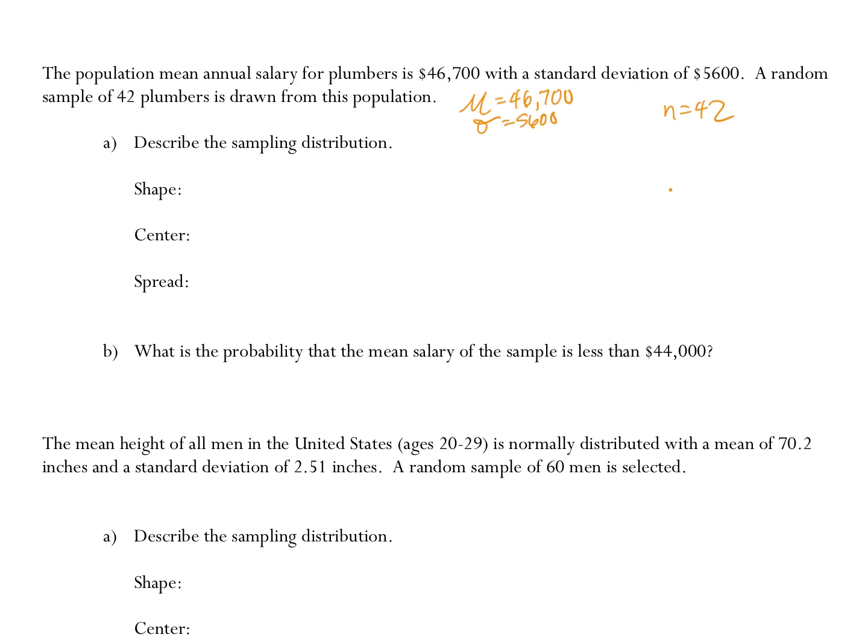The only difference now is that we already have found that the mean of all those xbars is going to be 46,700. The standard deviation of those xbars is 5,600 over the square root of 42, which was 864.10, I think. I'm pretty sure that's right.